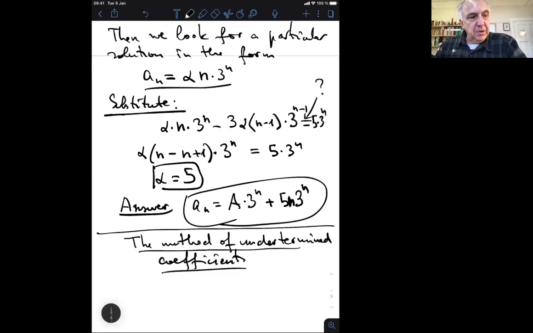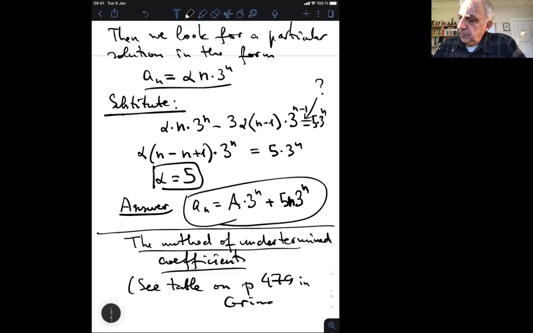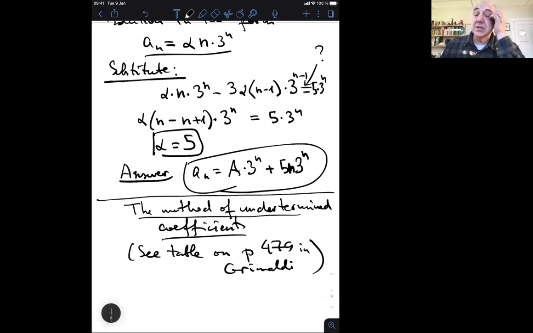There is a table on page 479 in Grimaldi. There is a special list of the right-hand sides and the forms in which you can look for a particular solution.